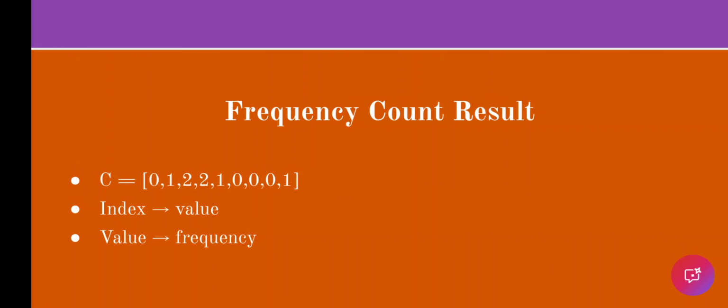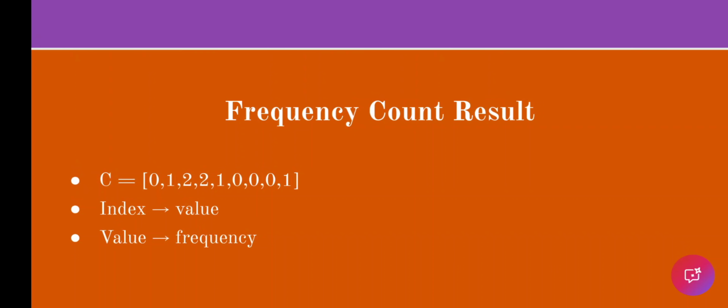So we see here that C is 0, and if we add 1 to it, then it will become 1, and if we add 2 to that, it will become 3, and if we add 2 to that, then it will become 5, and if we add 1 to 5, then it will become 6, and then if we add 0 to 6, it will be 6, again 6, again 6, and if we add 1 to 6, it will be 7. So that is how it is being calculated.